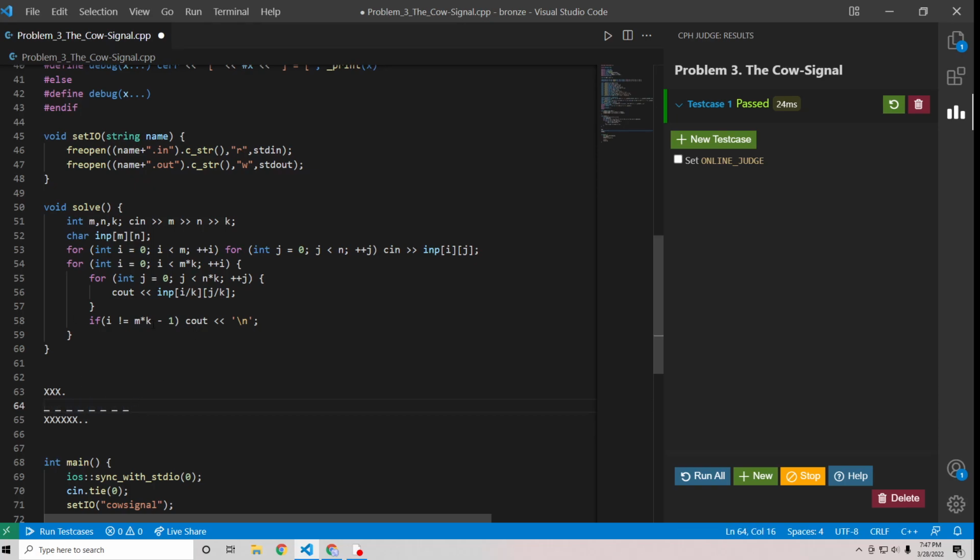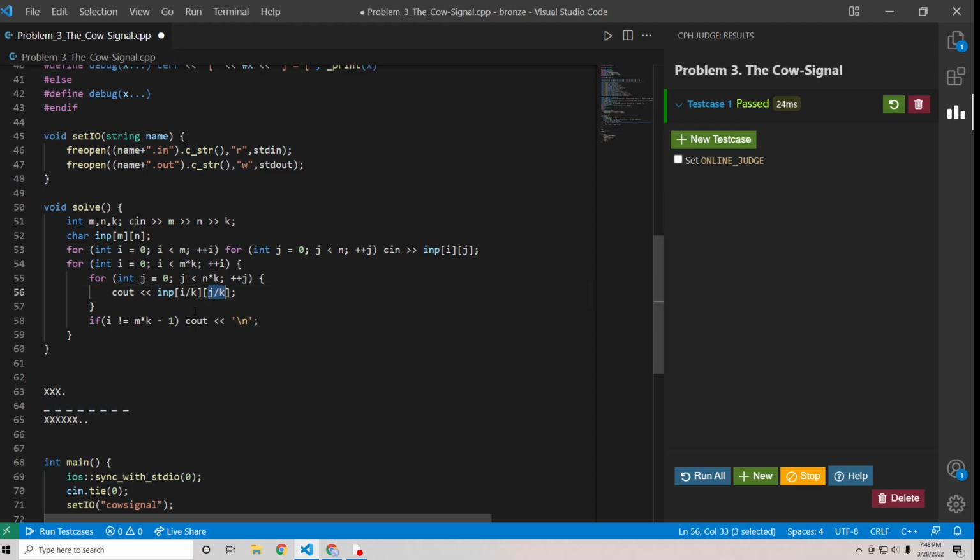The first one is going to be i divided by K. i is 0, and since K is a positive integer, 0 divided by that is going to be 0. So we look at just input of 0. Let's not care about j divided by K for now.